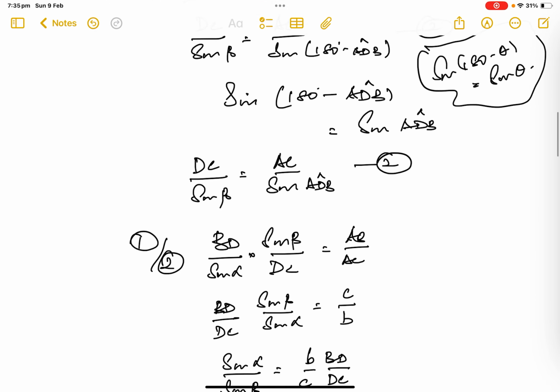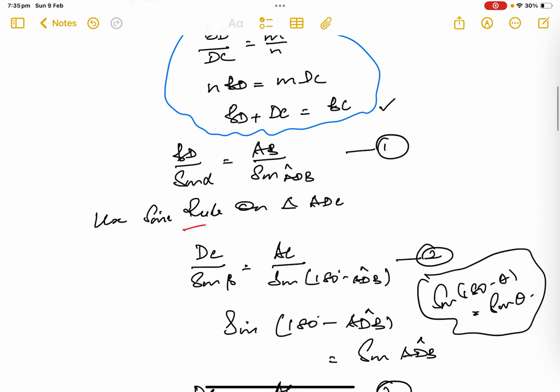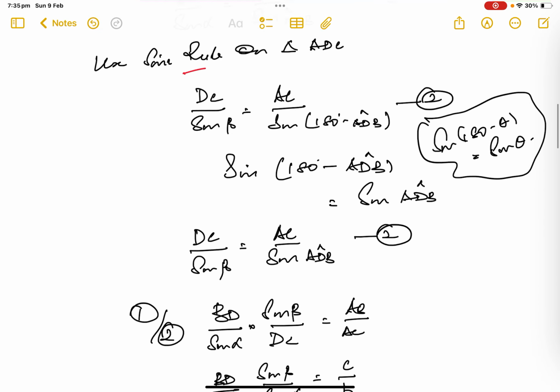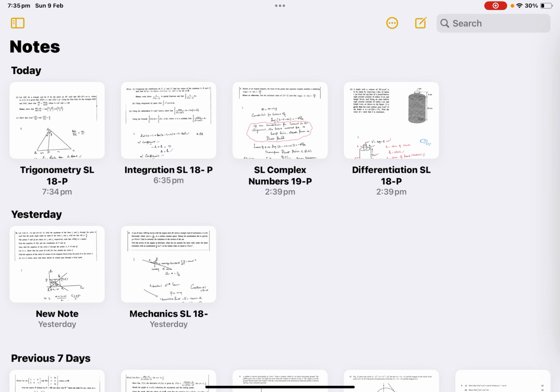If we divide one by another, equation 1 divided by equation 2, the left hand side simply divides: BD over sine alpha, and then flip the other one, sine beta over DC, equals. The sine ADB will be cancelled out. So AB over sine ADB times sine ADB over AC. Therefore, AB over AC.